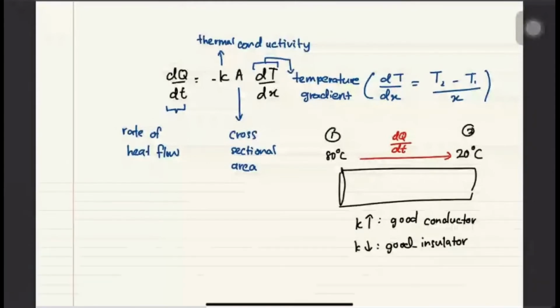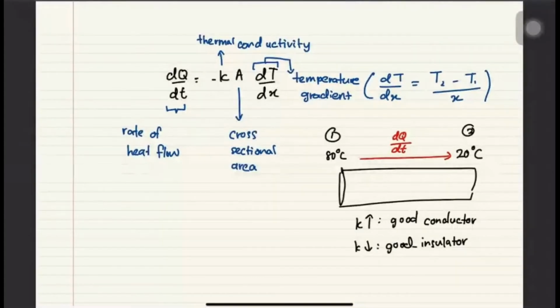The unit for K would be watt per meter per Kelvin, W m^-1 K^-1. Okay, itu tak ada apa sangat lah. Biasanya diberi.